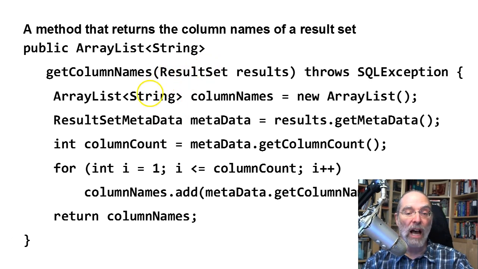I create an array list, initially with nothing in it. I retrieve the metadata. Something to remember, if the result set is empty, there is no metadata. So you should not look for metadata if the result set had no records in it. We get the metadata, and in this simple example, I'm simply retrieving the names of all the columns and stuffing them into my array list.